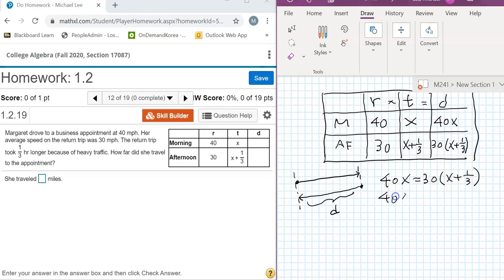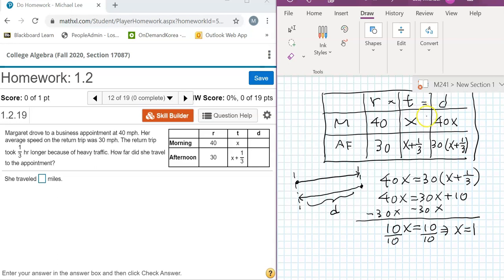So 40x equal to 30x plus 10. So when you subtract 30x from both sides, you get 10x equal 10, divided by 10. That makes x equal 1. Okay, so x is 1.